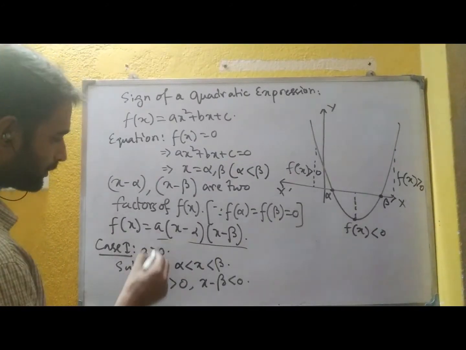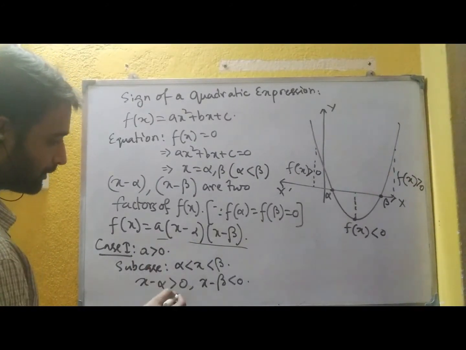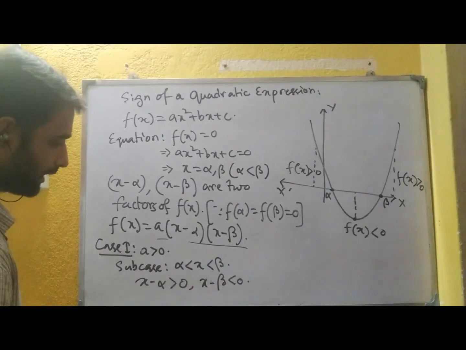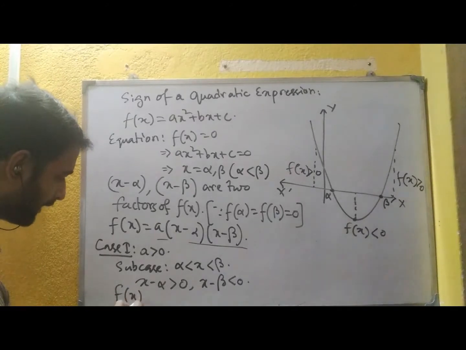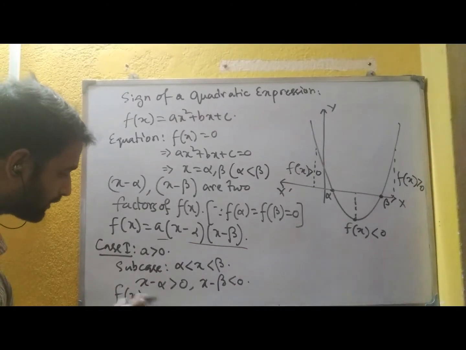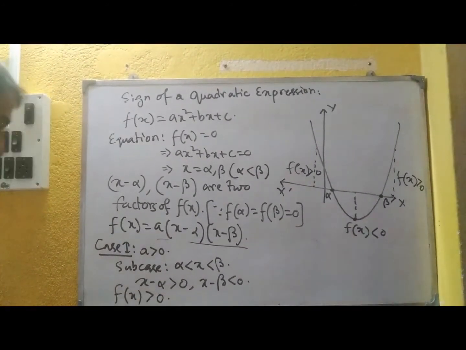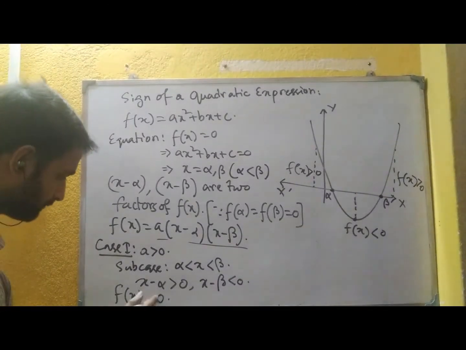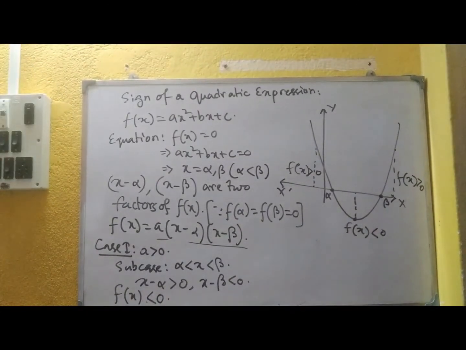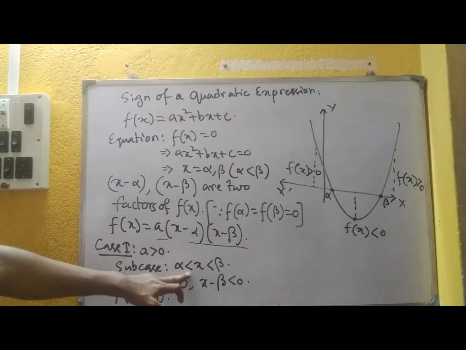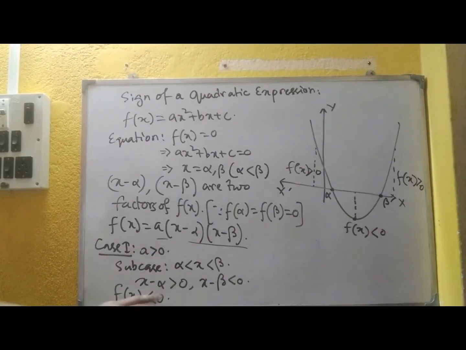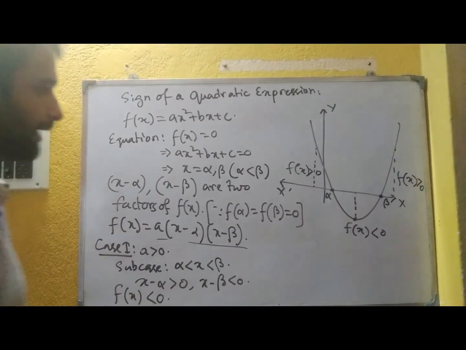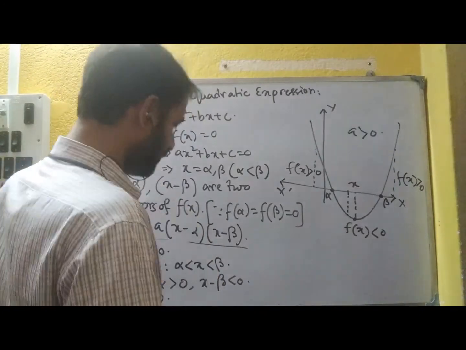So see the product: a is positive, x minus alpha is positive, x minus beta is negative. So basically we are having only one negative sign in the product, so we can say f(x) is positive. Sorry, f(x) is negative. So when you are taking x in between alpha and beta and a is positive, the sign of f(x) will be less than 0, and it is shown in the picture also.